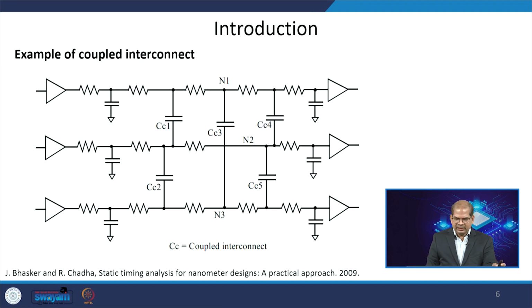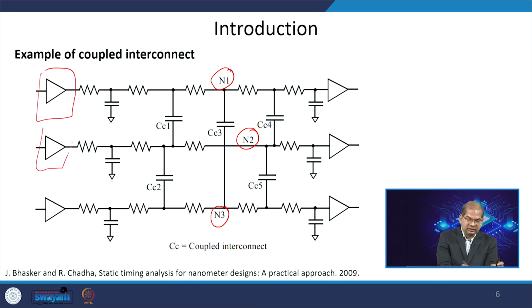So, if you look at this circuit, you have different nets, N1, N2, N3, 3 nets, with very long interconnects. These are the drivers. This is a buffer, and there is a long interconnect.